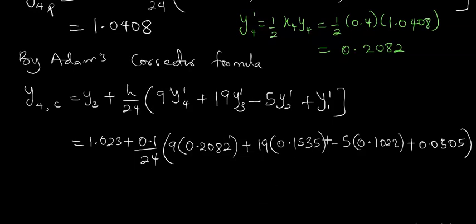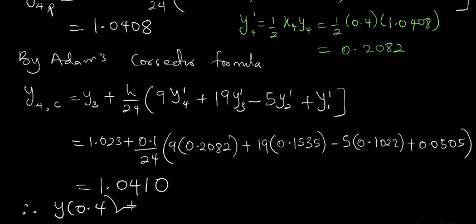We already have all of this except for this that we just calculated. So if I use my calculator to calculate all these values, from my calculation, this is giving me 1.0410.